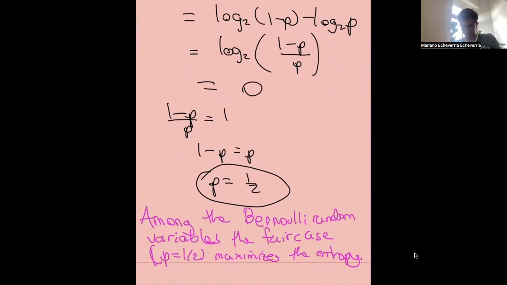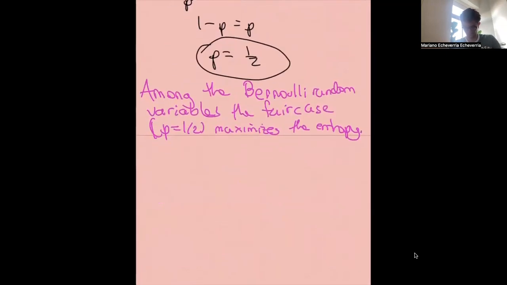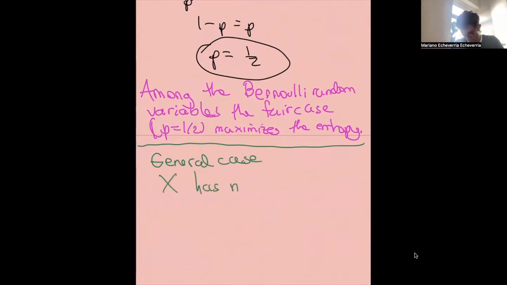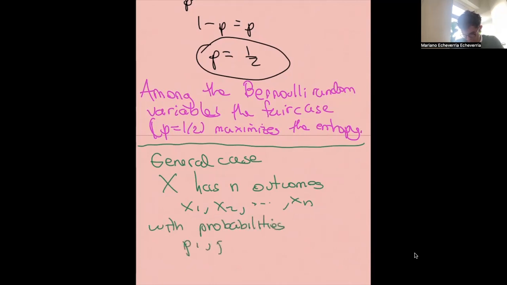In the general case, X has n outcomes, not just 2: X1, X2, up to Xn, with probabilities P1, P2 up to Pn, right?